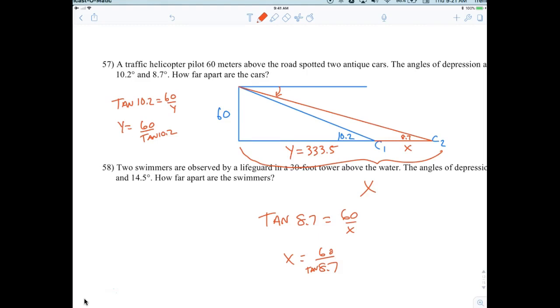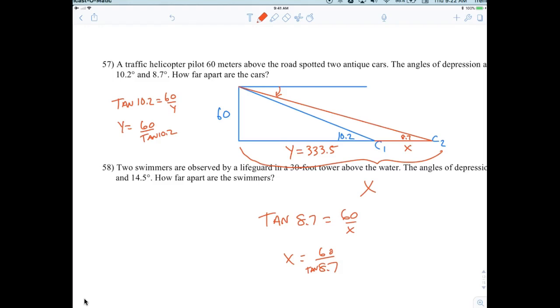It's 392.1. Is that right? Yeah. And then subtract those two answers. Okay, 58.6. Sounds about right. You agree with that? So that's the total distance, the distance between the two cars.